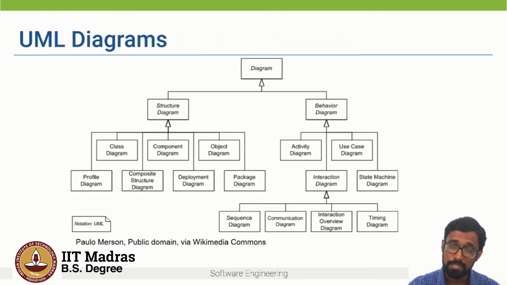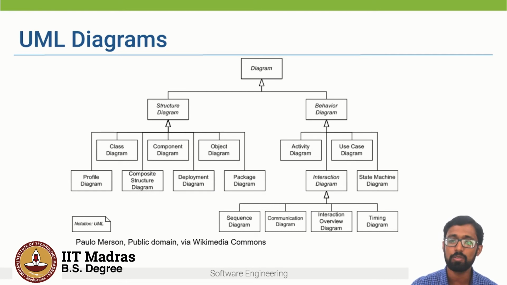So there are several UML diagrams, right? And they can be used to model a given software design using different views or different levels of granularity. So we will not be looking at all of them, right? During the software design process, a subset of these UML diagrams is used to create the design model.